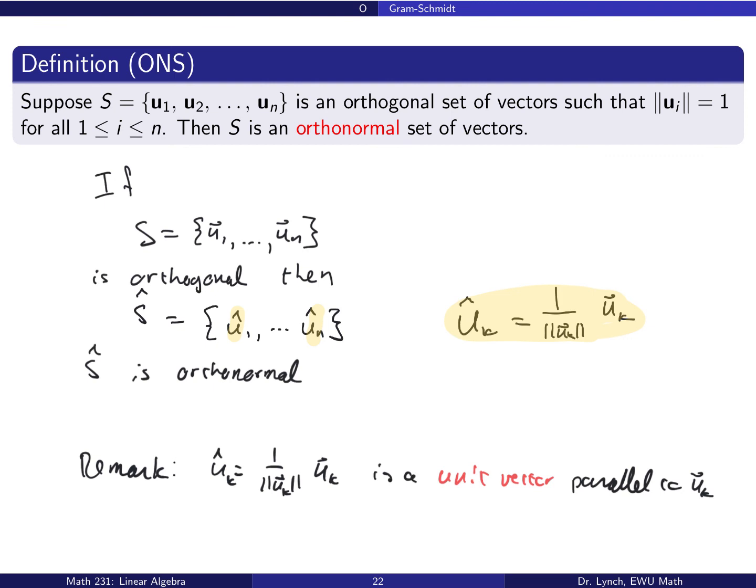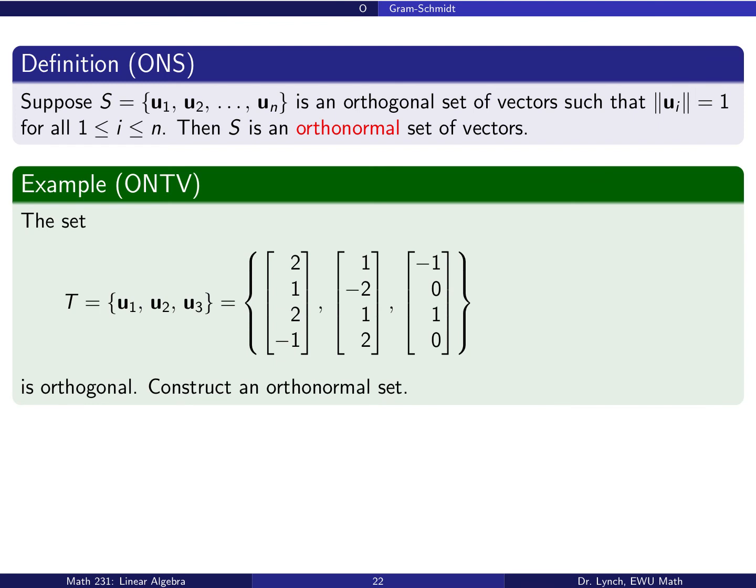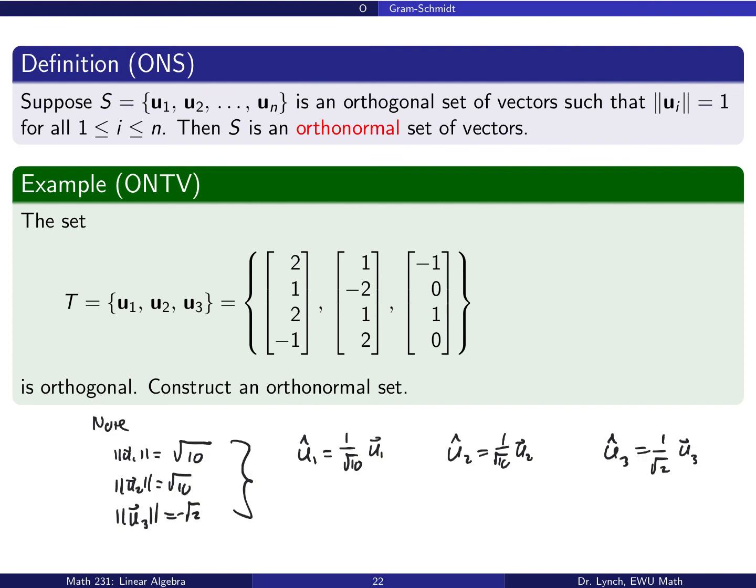So basically an orthonormal set is an orthogonal set where each vector in that set is normalized. So just a quick example. Here's a set that we know is orthogonal. This set is obviously not orthonormal because none of the vectors have norm 1, but we can pretty quickly compute U1 hat, U2 hat, and U3 hat, dividing U1, U2, and U3 by their norms. That new set will be orthonormal.